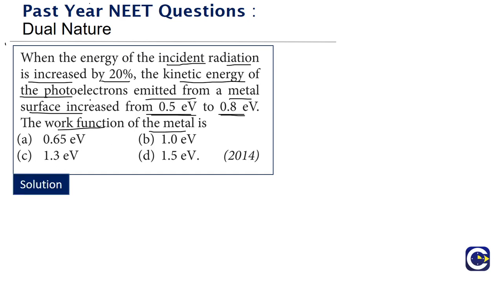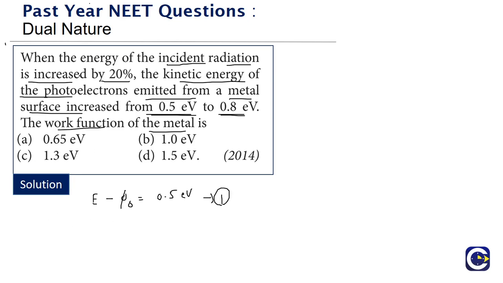So again, same thing. The energy of the incident radiation, we don't know what it is. So in the first case, E minus work function is equal to the maximum kinetic energy. They have not mentioned it, but when they say kinetic energy of the photoelectrons emitted, we will take it as Ke max.